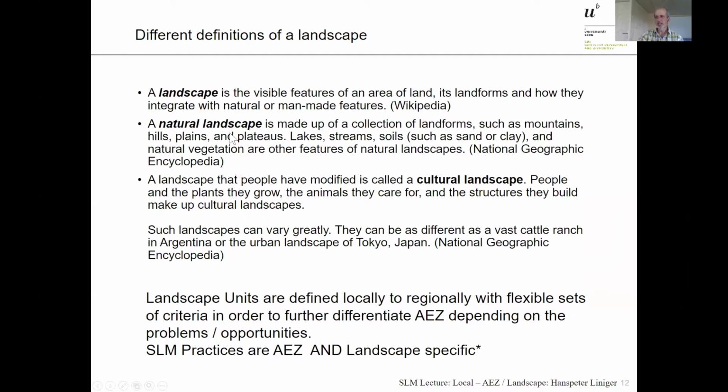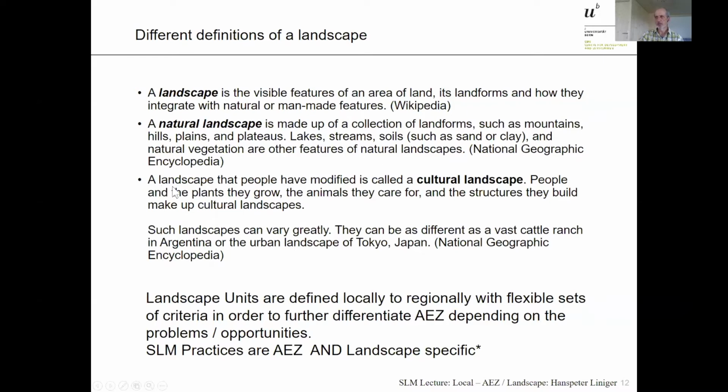A natural landscape is made up of a collection of landforms such as mountains, hills and plains and plateaus. Lakes, streams, soils such as sand or clay, and natural vegetation are other features of natural landscapes. So here it's a natural landscape.